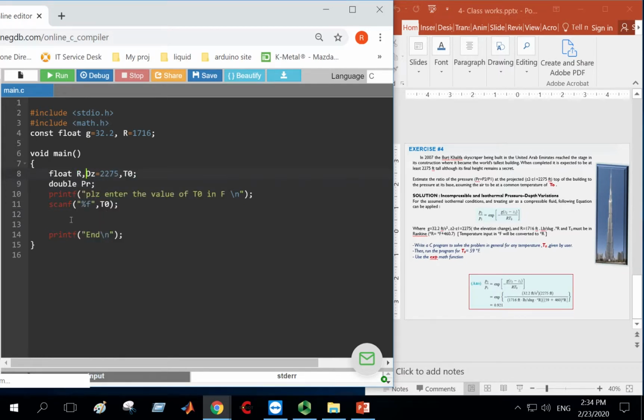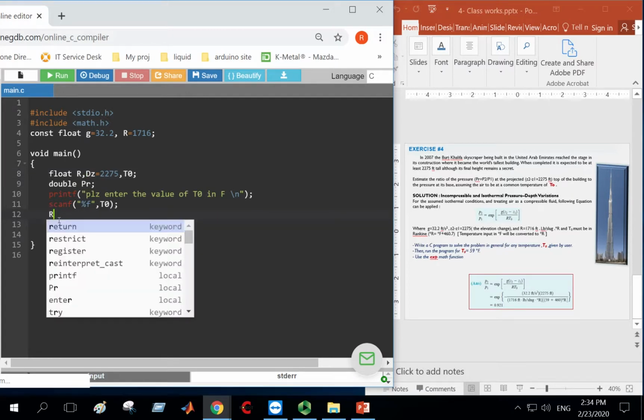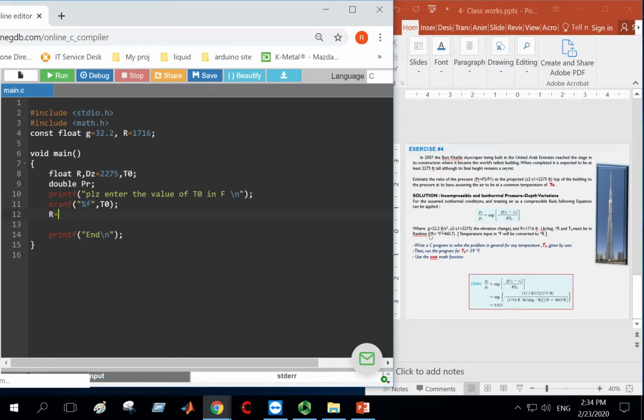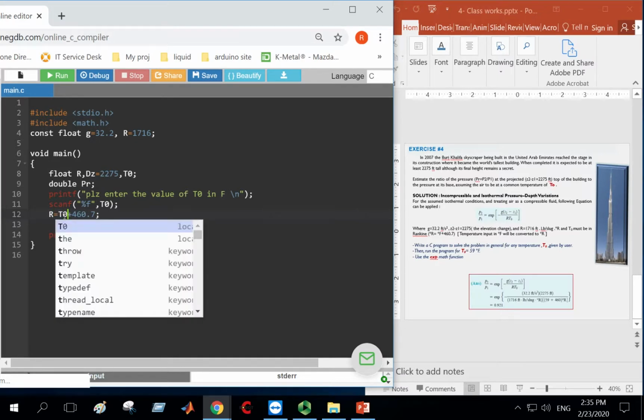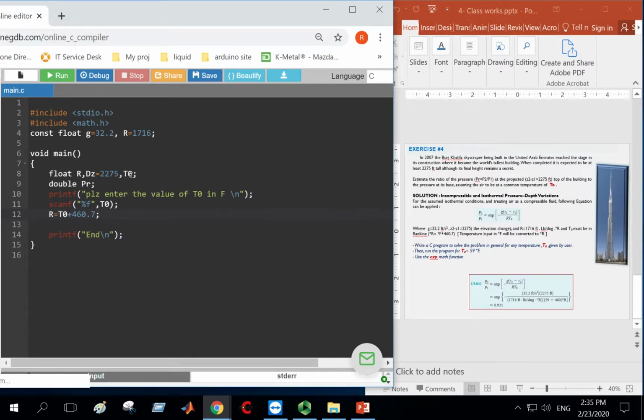So, R equals the Fahrenheit value plus 460. Now the temperature T0 is a float entered by the user in Fahrenheit, then converted to a Rankine value.